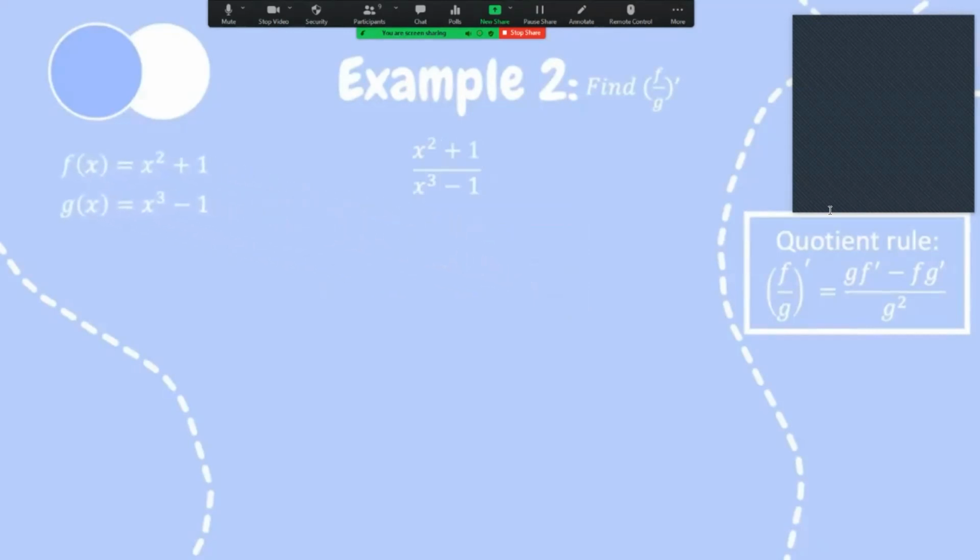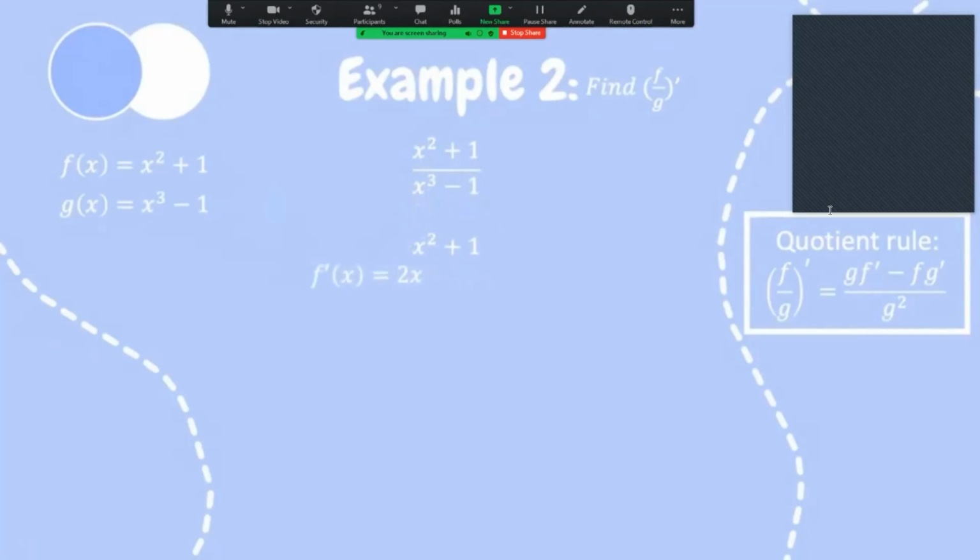Now the derivative of x squared plus 1 is 2x, since the constant becomes 0.